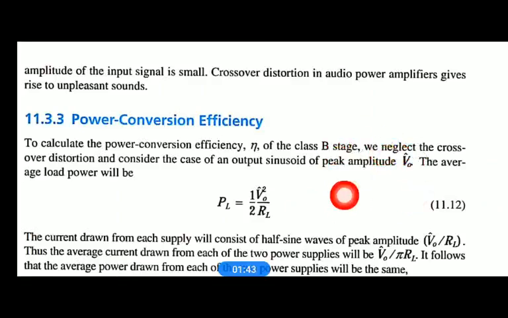By considering V0 as the peak amplitude, the load power is half of V0 square divided by RL. This is by taking the RMS value of V0 and squaring it, then dividing this by RL, you will get half of V0 square by RL.